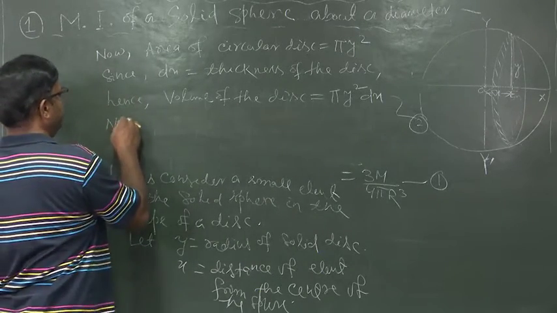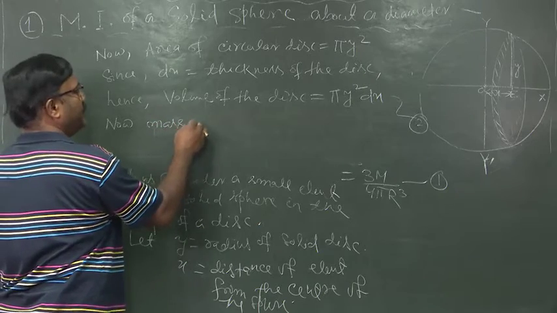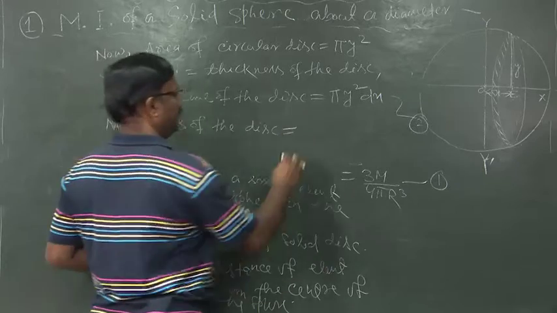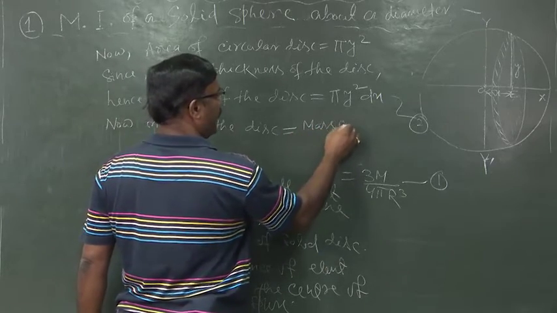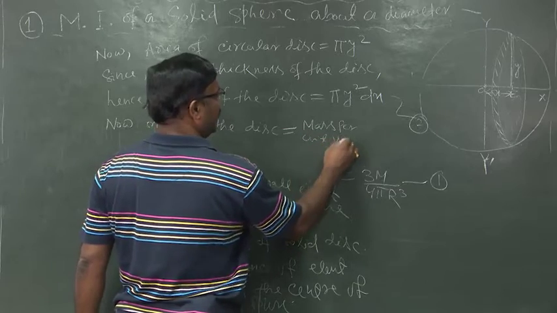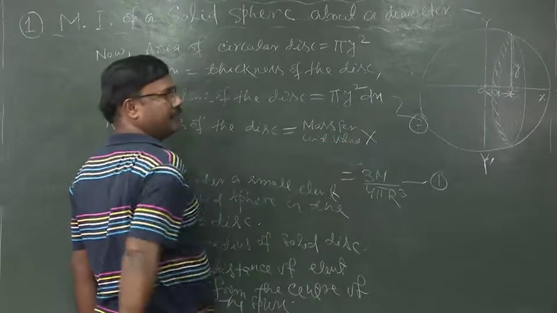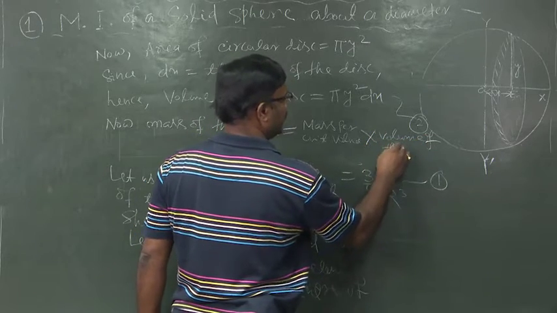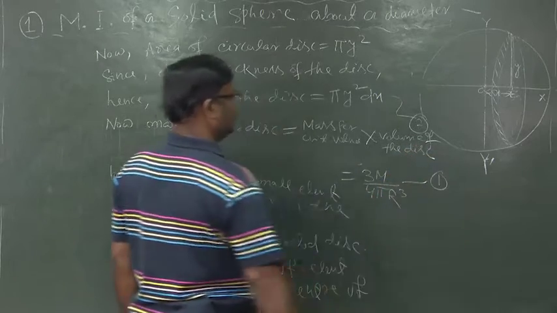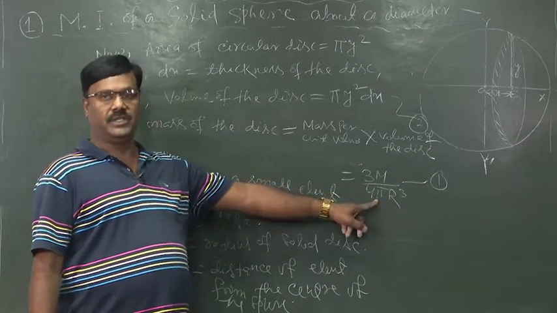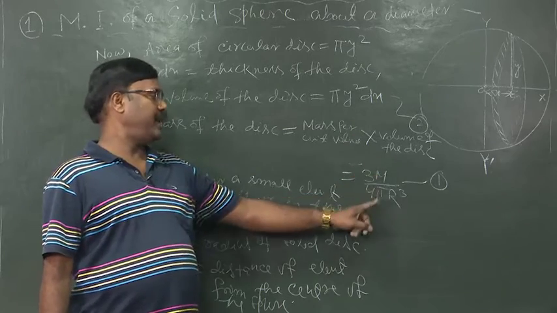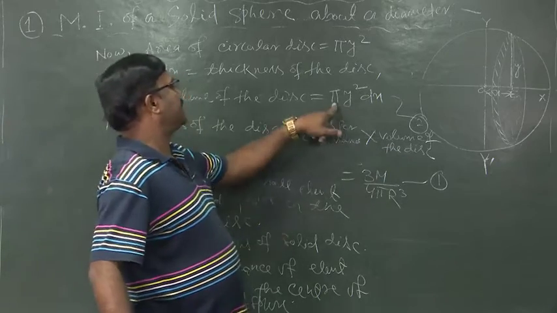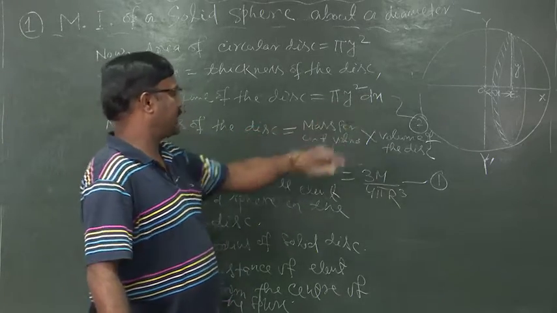Now, the mass of the disc is equal to mass per unit volume into volume of the disc, and we have already found the mass per unit volume to be 3m by 4 pi r cube, and the volume of the disc is pi y square dx.